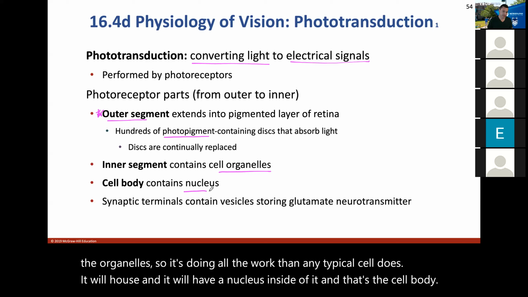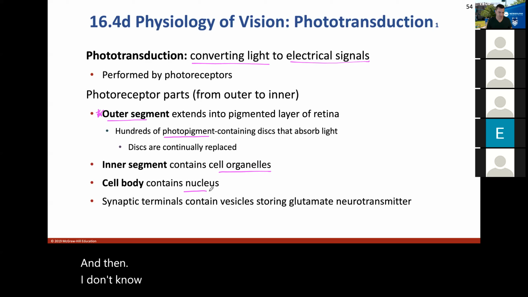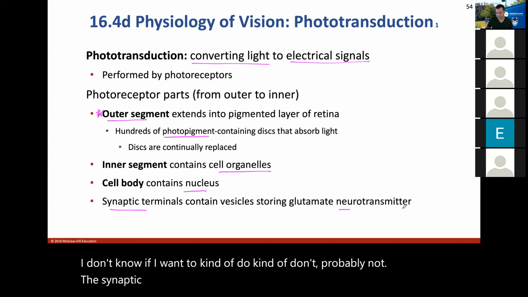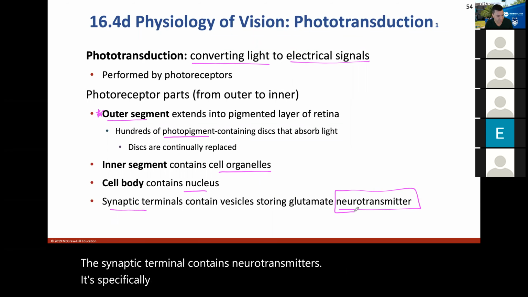The synaptic terminal contains neurotransmitters. It specifically contains glutamate, at least that's what we believe.